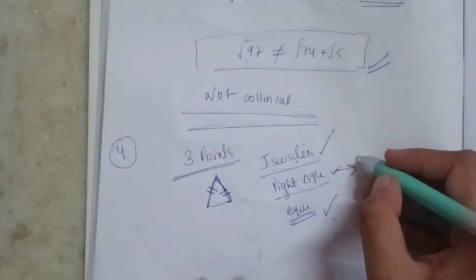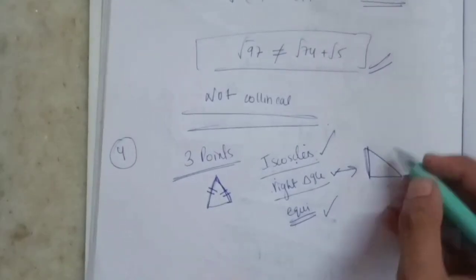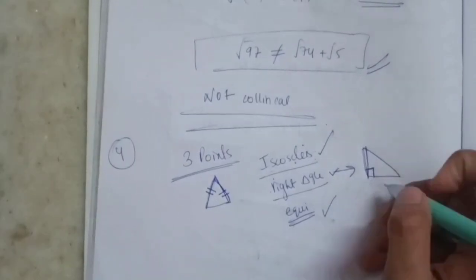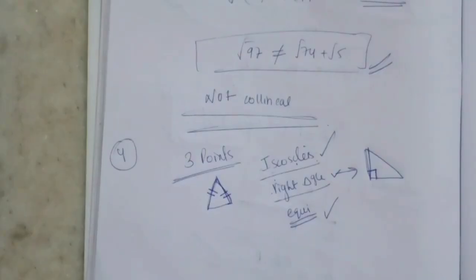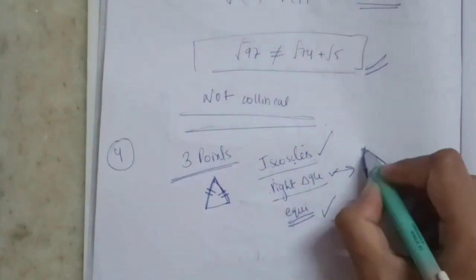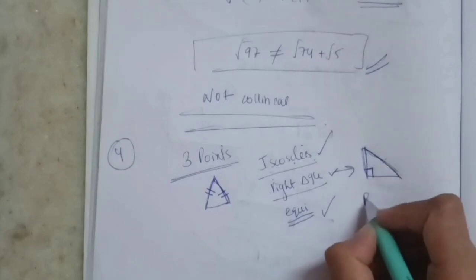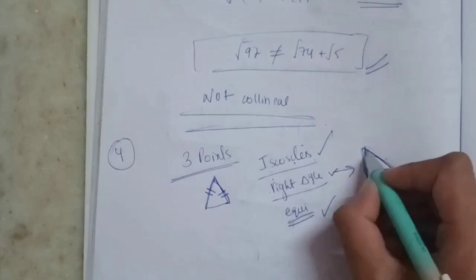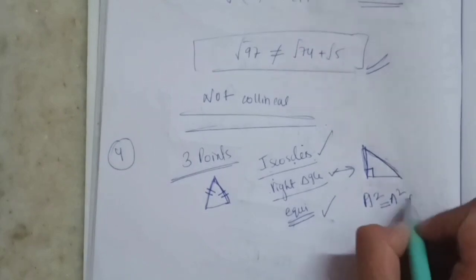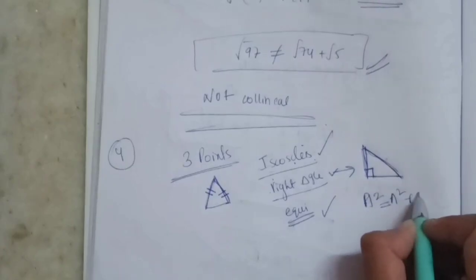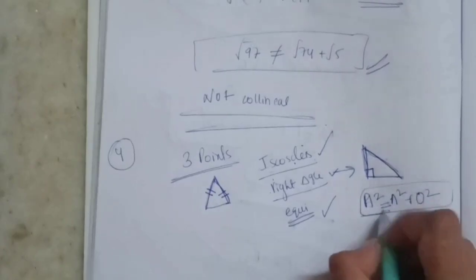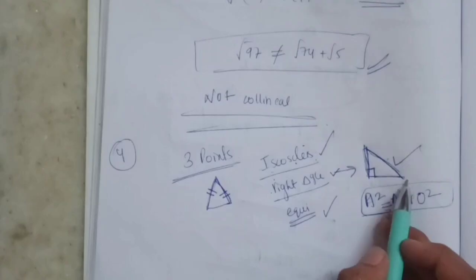And to be a right angle triangle, the angle should be 90, but we are not dealing with an angle here, we are dealing with lengths. So the hypotenuse square is equal to adjacent square plus opposite square. If this is the condition, then we'll say it is a right angle triangle.